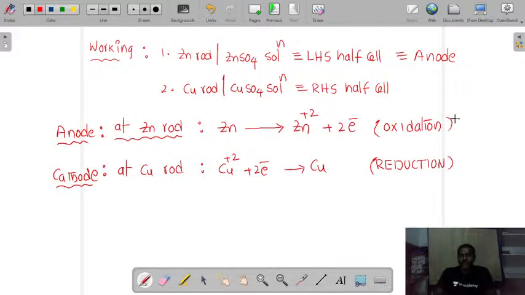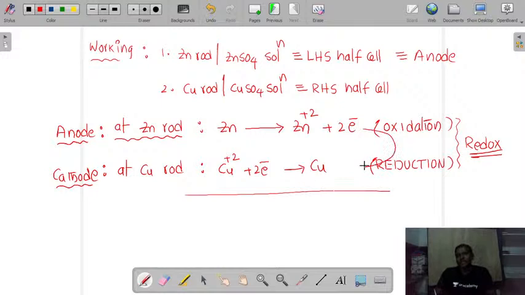Both oxidation and reduction take place simultaneously. That's why this reaction is considered a redox reaction. Due to the redox reaction, electrons are transferred from anode to cathode. As electrons are transferred, the cell produces some electrical energy.